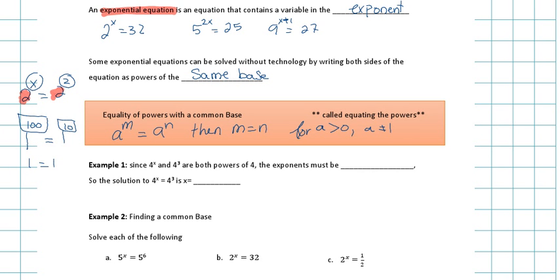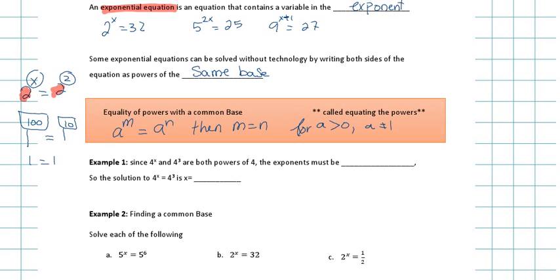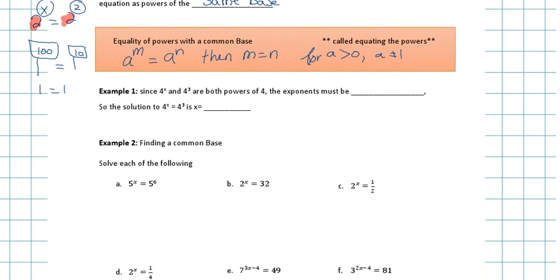Okay. Are we okay so far? So make the bases the same right away. That will equate your exponents. So since 4 to the power of x and 4 to the power of 3 are both powers of 4, the exponents must be equal.